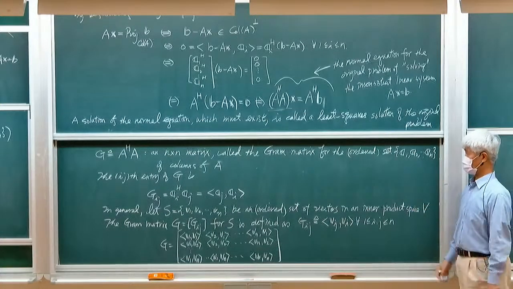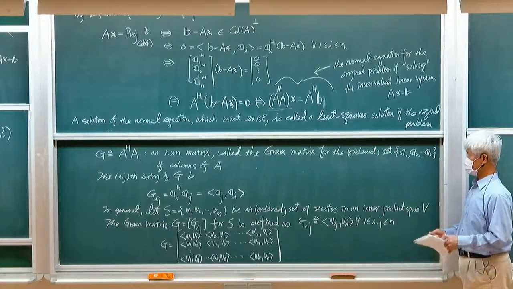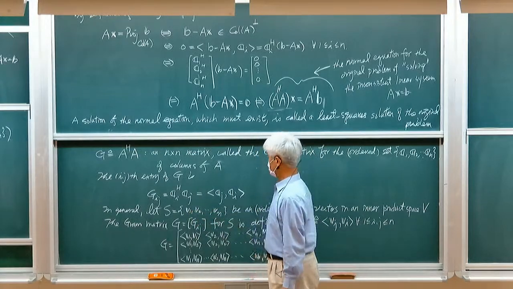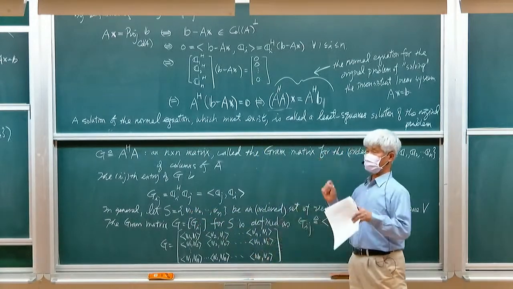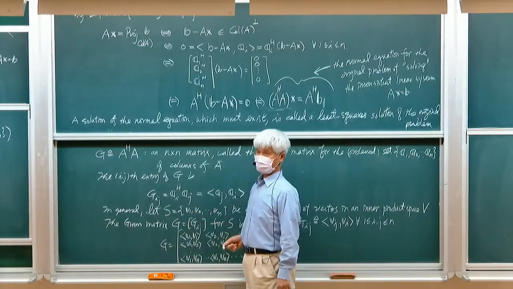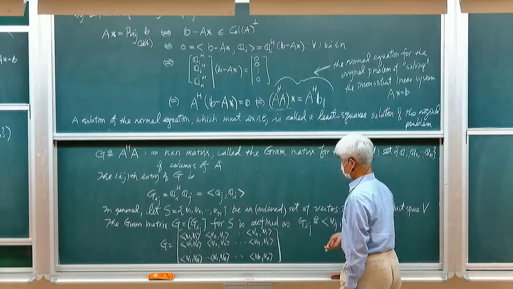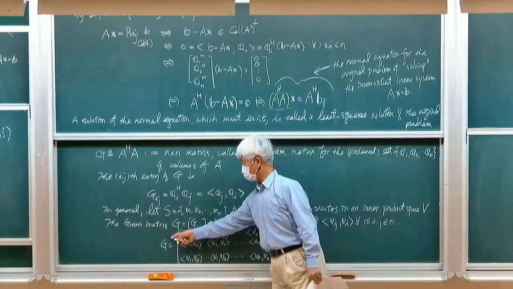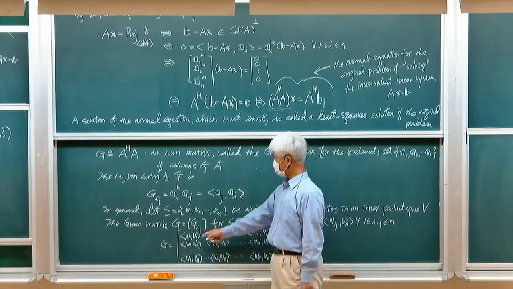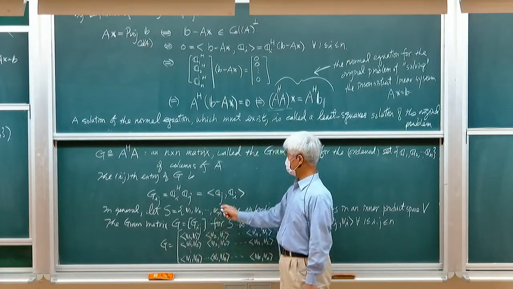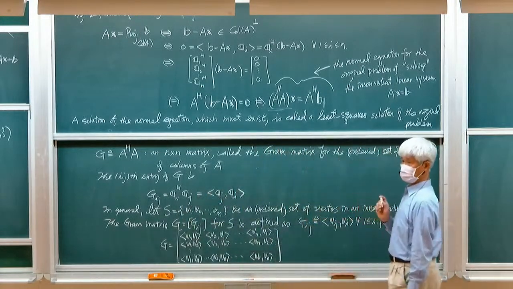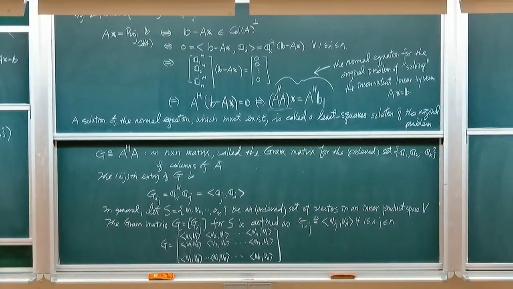This is a function space. If you have n functions here, you can form a Gram matrix for such an ordered set of functions. This Gram matrix gives you the information about the inner products between vectors in this ordered set.